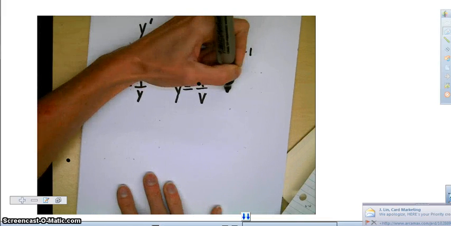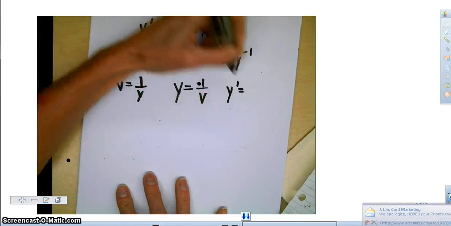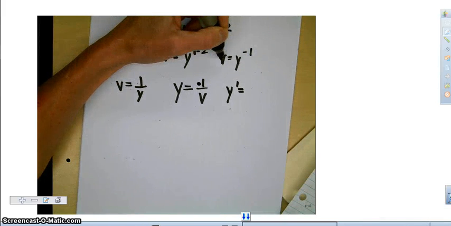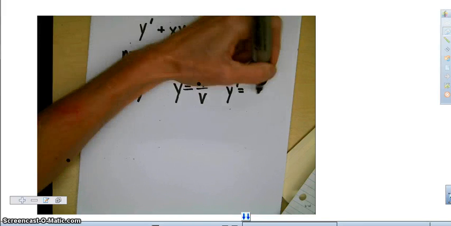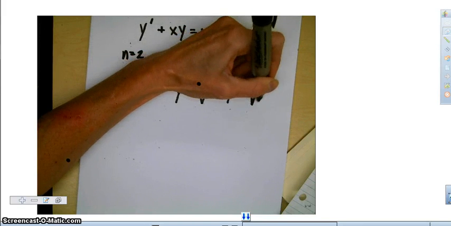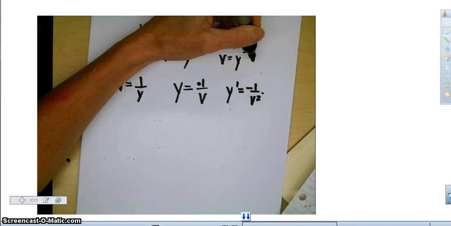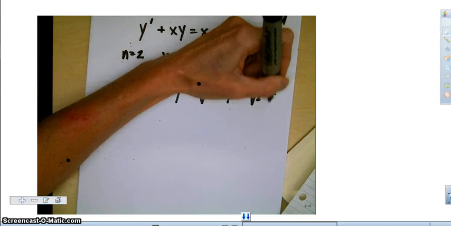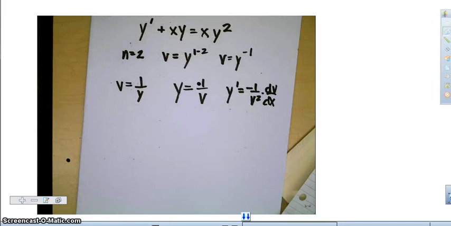So now y prime is negative 1 over v squared times dv over dx, the derivative of v in terms of x. It's implicit differentiation there.